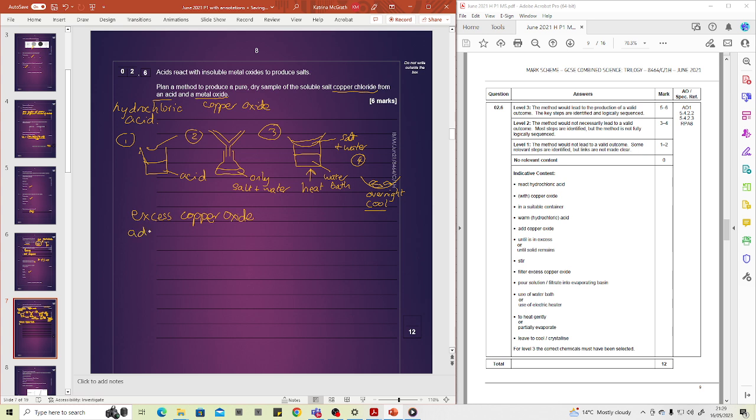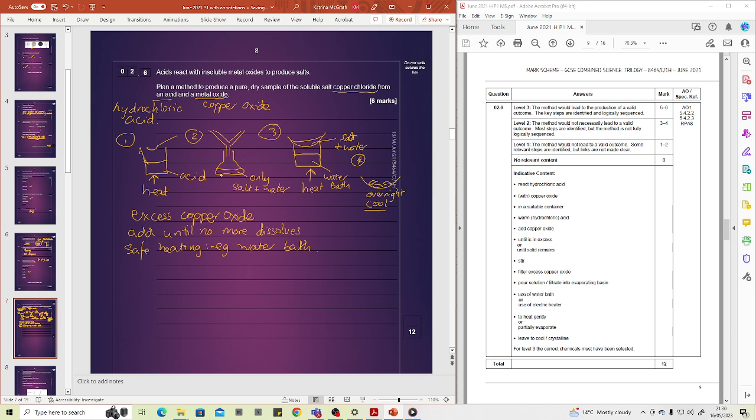You add until no more dissolves. And also, because it's copper oxide, when we did this for our required practical, we heated at this stage as well. But actually, you might not want to use direct heat for your acid, so safe heating, e.g. water bath. Whenever you heat, that's fine.